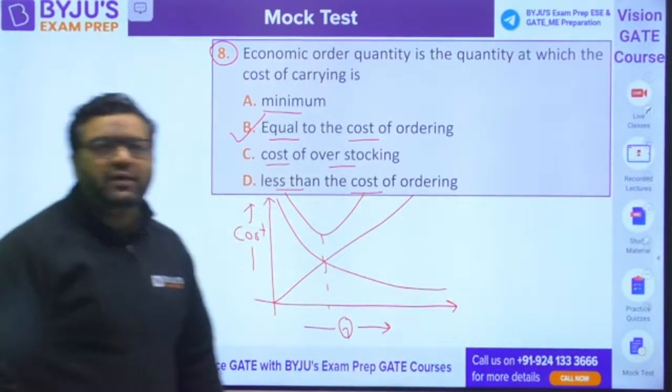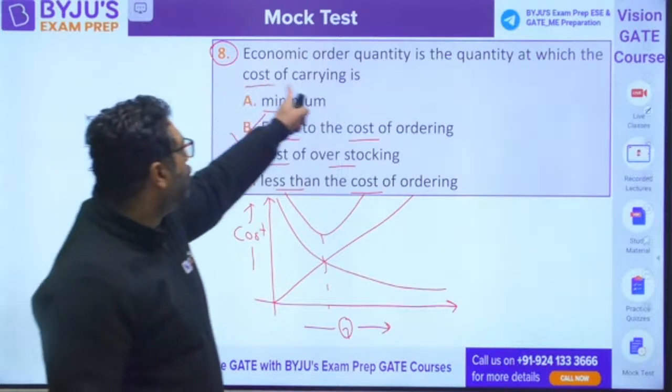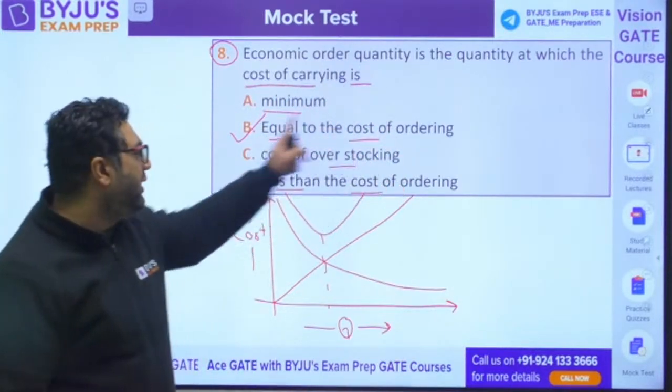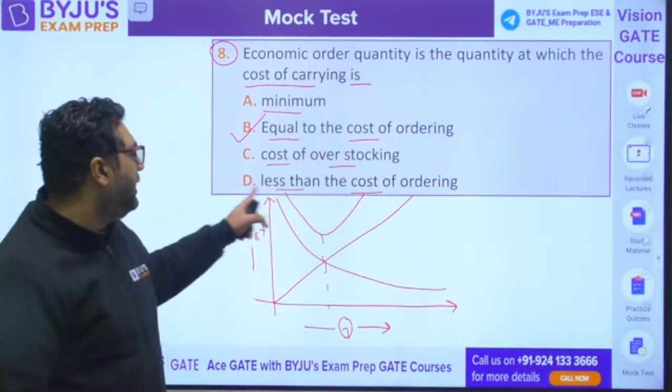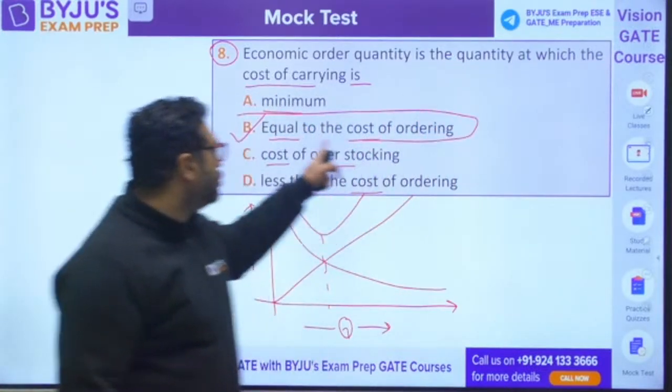Okay, so these were the questions from industrial. B would be the right answer. They are asking when the cost of carrying is minimum or equal to the cost of ordering, or cost of overstocking, or less than the cost of ordering. I feel everybody remember when it becomes equals to cost of ordering.